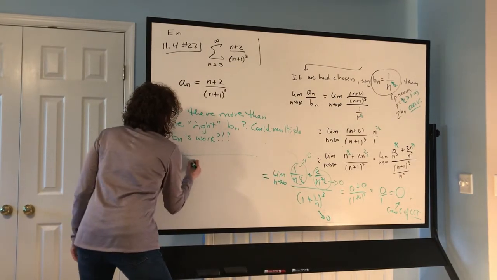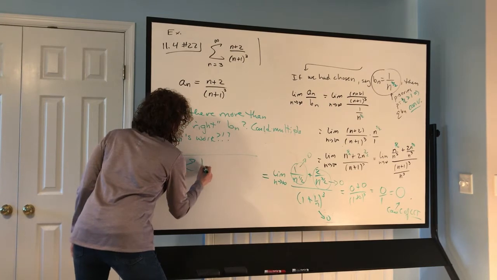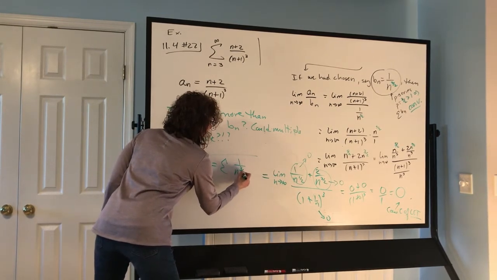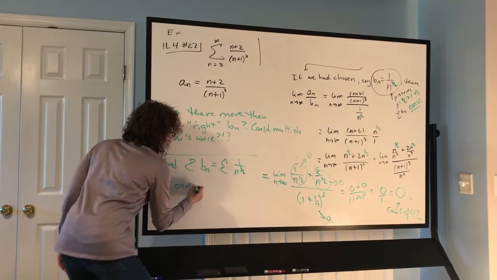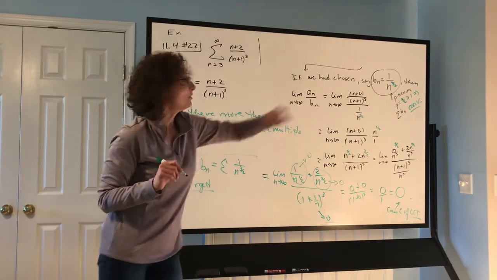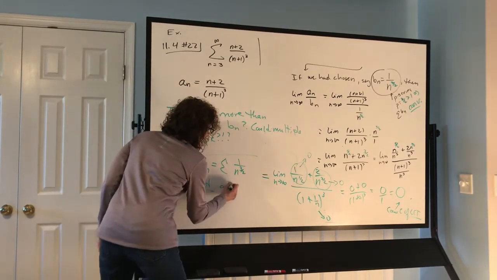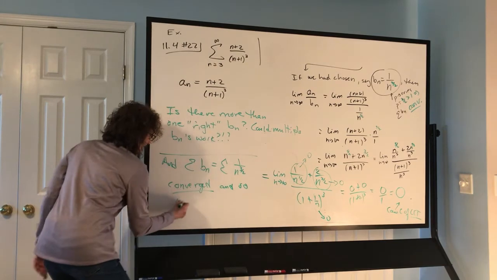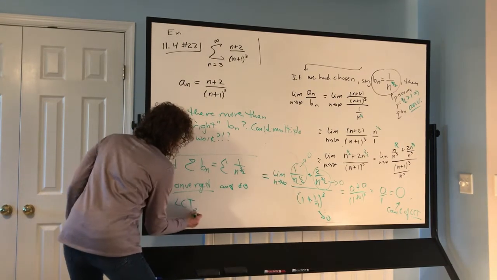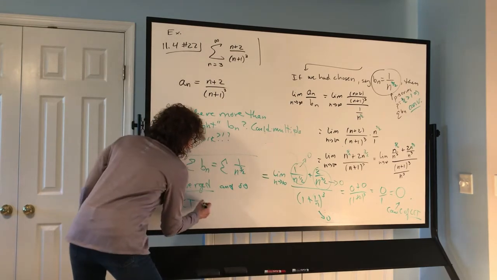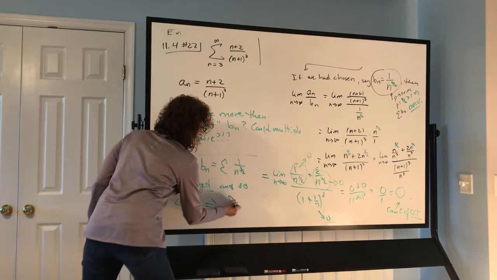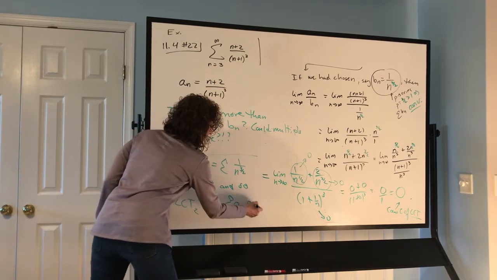Our BN series, which was 1 over n to the 3/2, converged, because it was the p-series that was convergent. And so the limit comparison theorem, part 2, then says that our AN series converges.